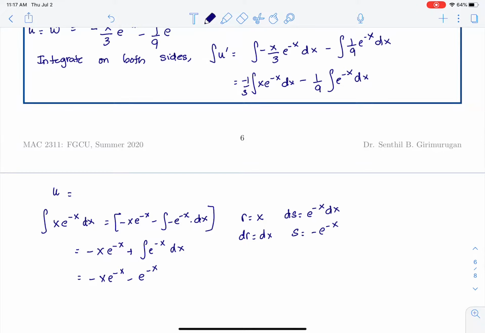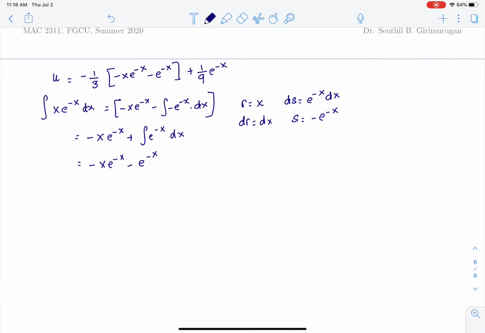So the first part of the integral, I could have negative 1 over 3 multiplied by this expression. And the second part of the integral, if I integrate it, I'd get 1 over 9 e raised negative x.